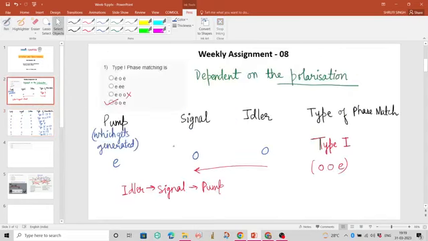The only thing to take care of here in this question was that we read the phase matching conditions with idler first, then signal, and then the polarization of idler first, then signal, and then the pump.